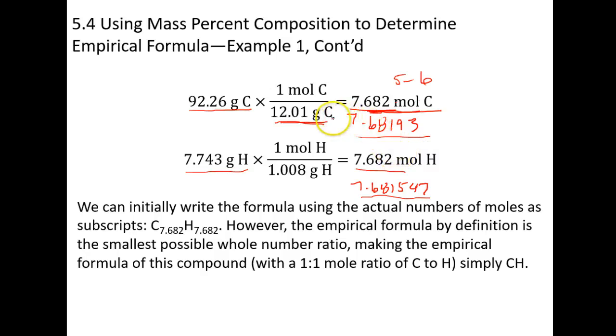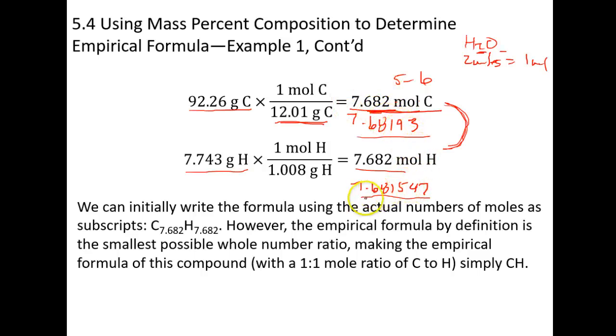So why do we do this? Because remember, mole-to-mole ratios tell you how many atoms of each you have. Like we saw in the water example, it's 2 moles to 1 mole. This number here is telling me how many moles. Well, I have these in moles. How do I get these into whole numbers? What you do is you divide by the smallest number.